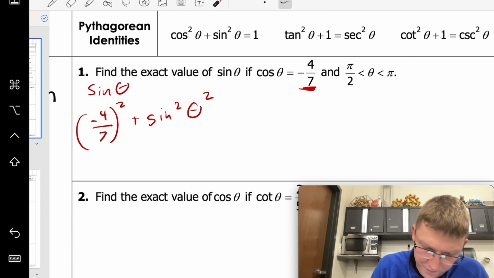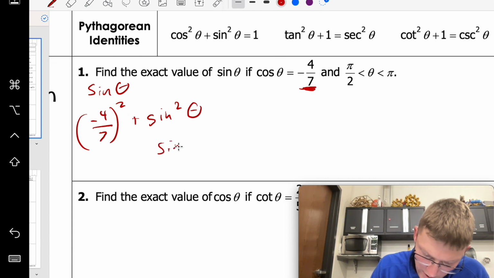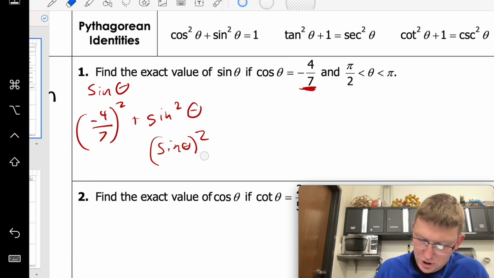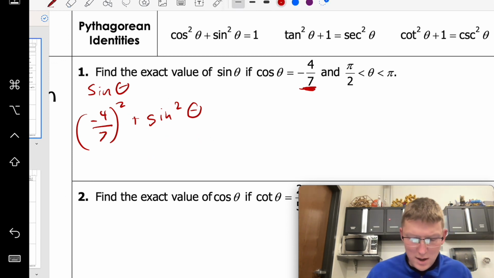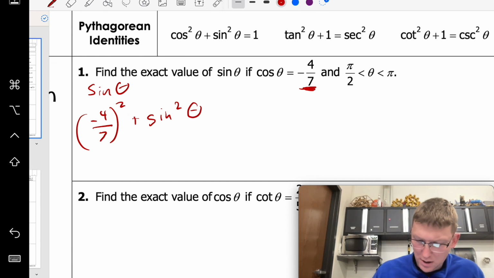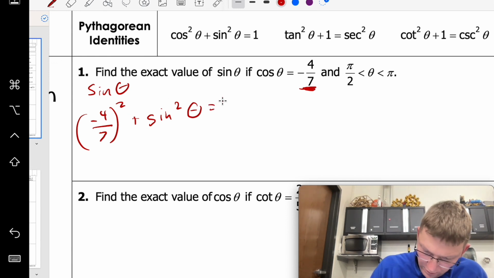So this squared right here means the same as something like sine of theta, the whole thing is squared. Just an FYI. Okay, so we've got (-4/7) squared plus sine squared of theta equals 1.